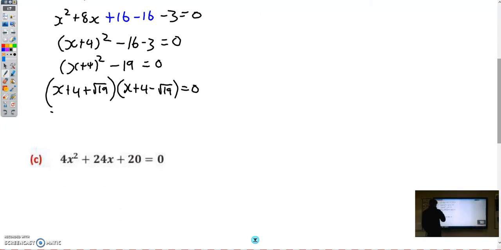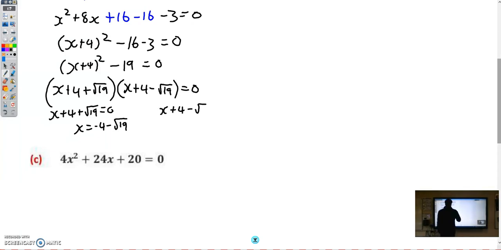So either x plus 4 plus root 19 equals 0, in which case x equals negative 4 minus root 19, or x plus 4 minus root 19 equals 0, in which case x equals negative 4 plus root 19. And these are our two solutions.